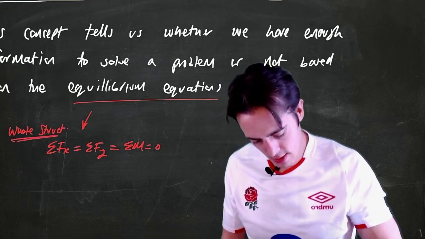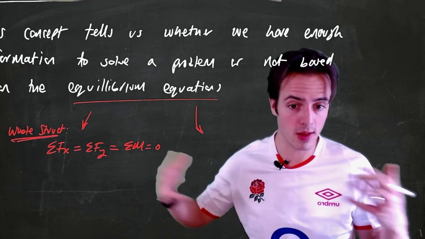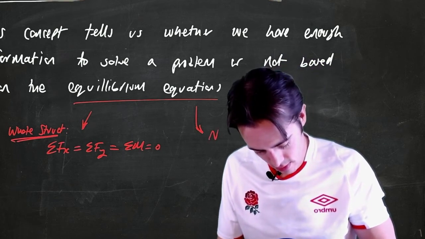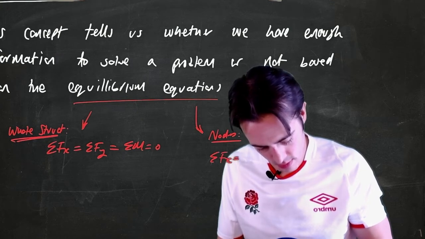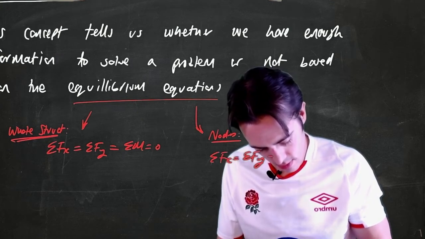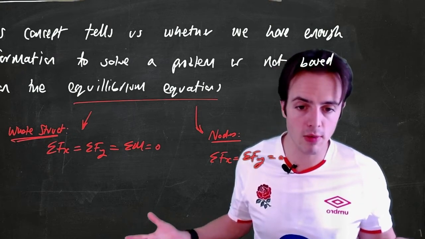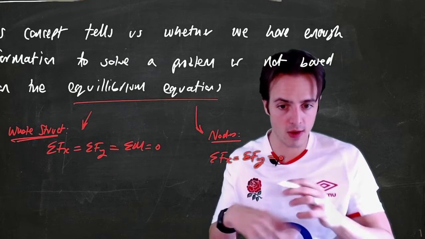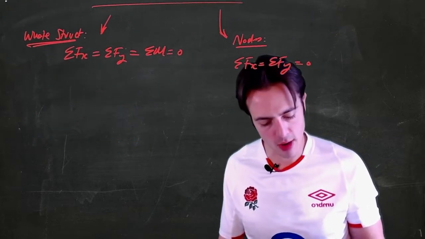Okay, and then for each member, we've just got these first two. The sum of forces in the x and the y direction has to be equal to 0. Because each node isn't subject to a member, because it's a point load only, so it's a point where forces are applied directly into it. So it can't have a member, so it can't have a moment.